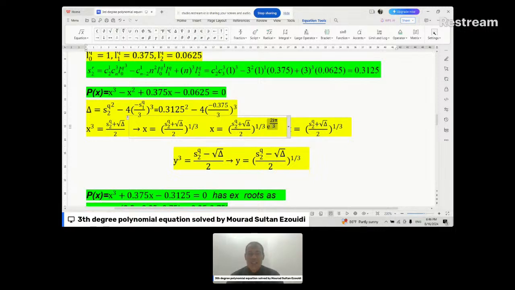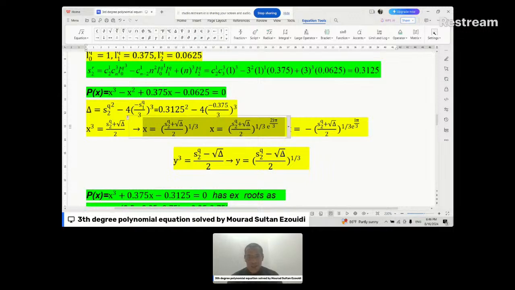Now when k equals 2, I will write it here. It will be 4i pi over 3. But for 4i pi over 3, I can write here minus, and here it will be i pi over 3. These are the roots of x cubed.